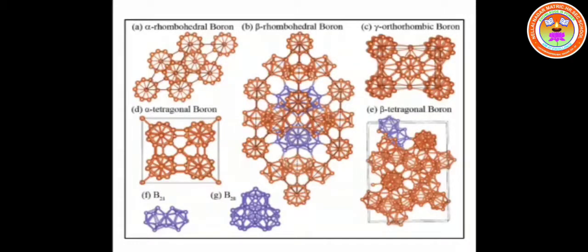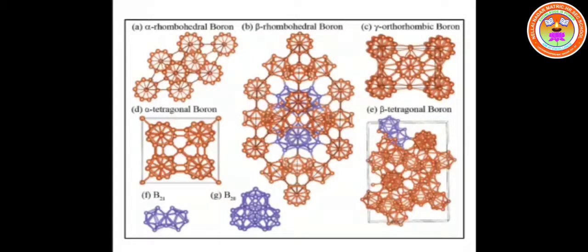Coming to the other allotropes: alpha rhombohedral boron, beta rhombohedral boron, gamma orthorhombic boron, alpha tetragonal boron, beta tetragonal boron, B21, B28.